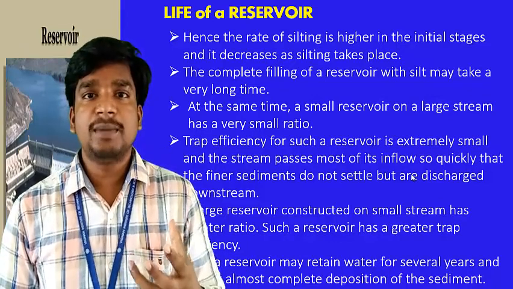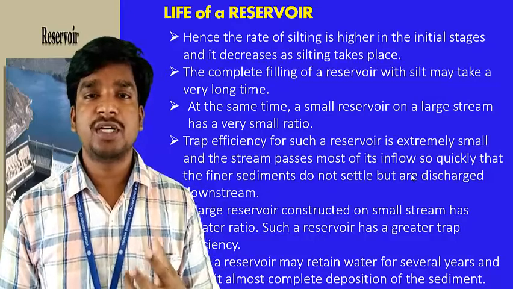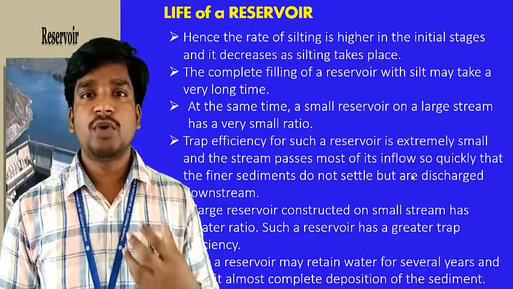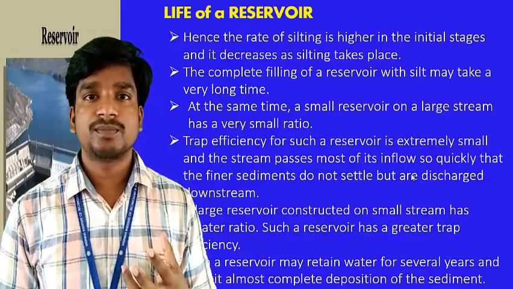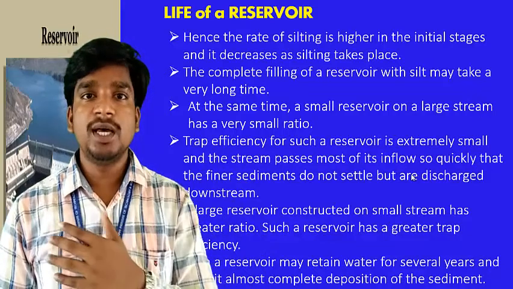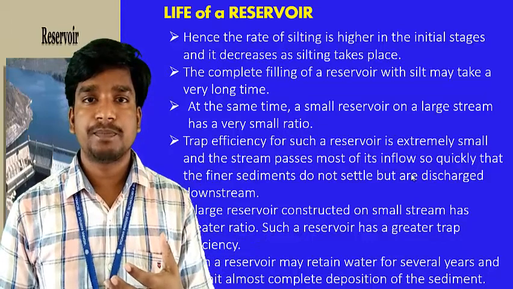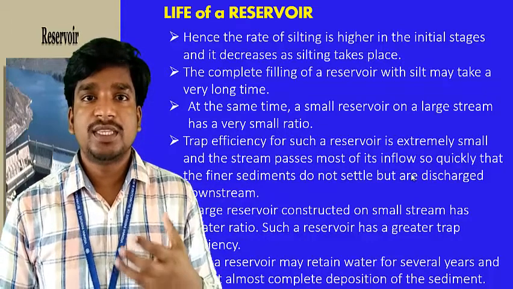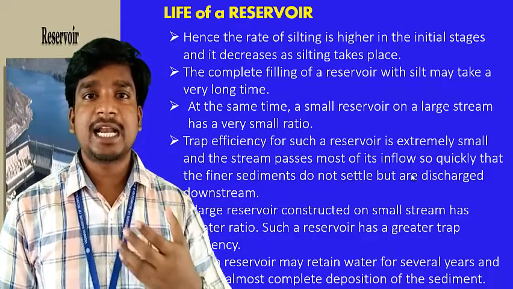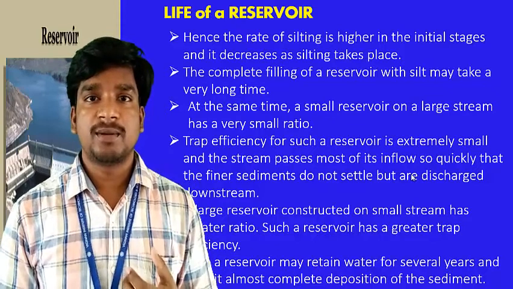There is no settlement of particles; we are not giving sufficient time to settle the floating particles and fine deposition. They will be moved out of the dam through proper vents like sluice ways. So this is decreasing the trap efficiency of the reservoir.